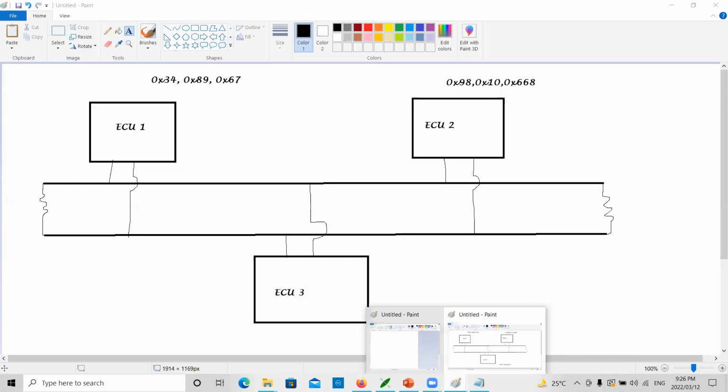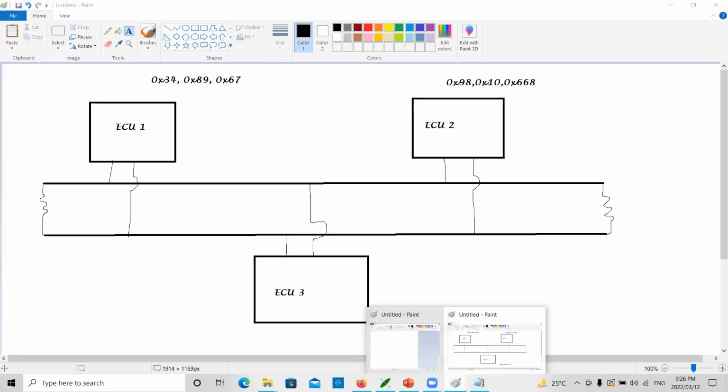What I am talking about is when you have the same CAN but two different buses. The reason behind that is this: every ECU in a bus should have the same baud rate. Baud rate is nothing but the speed at which it is transmitting the bits out. It is serial communication only.